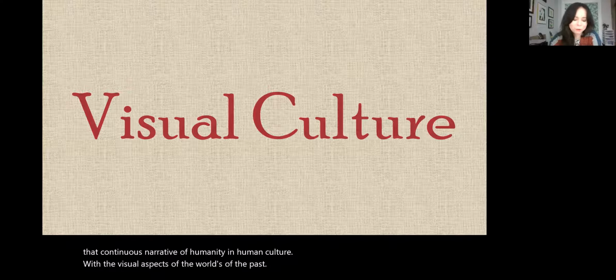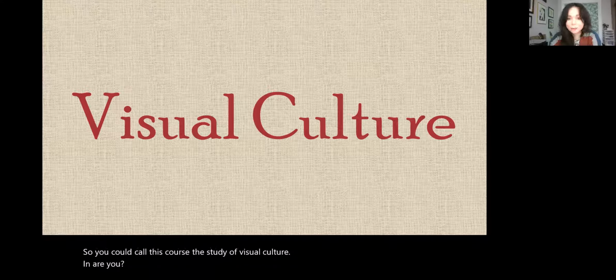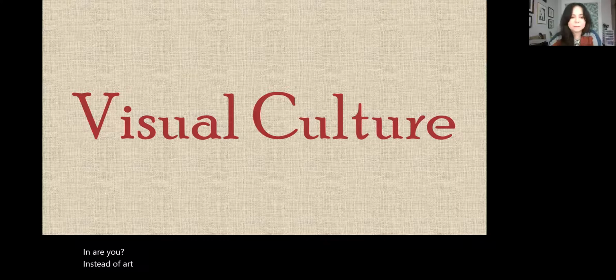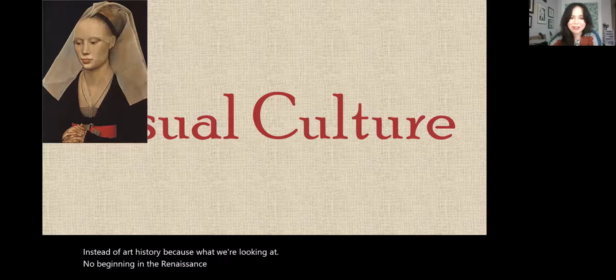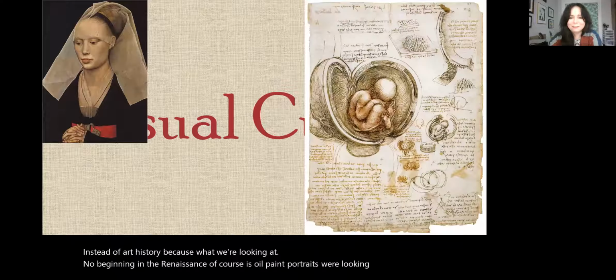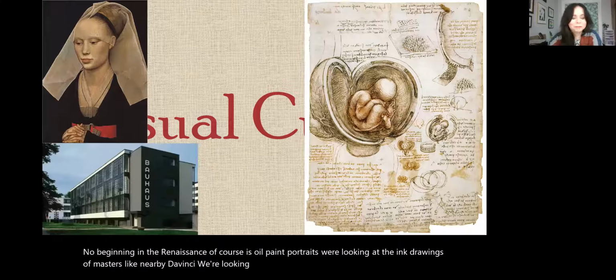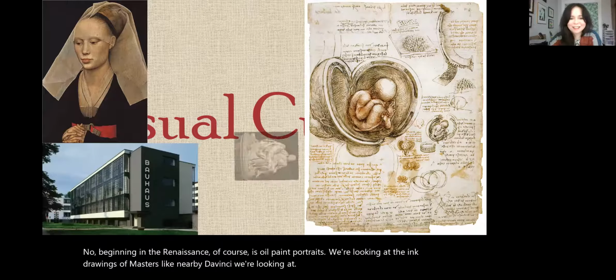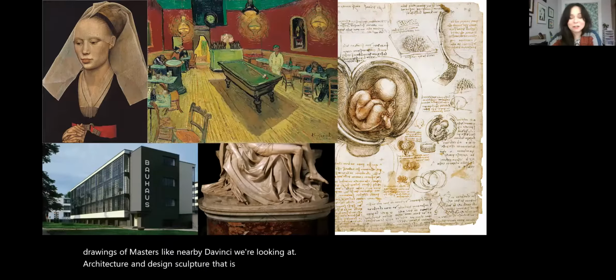So you could call this course the study of visual culture instead of art history, because what we're looking at, beginning in the Renaissance, of course, is oil paint portraits. We're looking at the ink drawings of masters like Leonardo da Vinci. We are looking at architecture and design, sculpture, that is both religious and secular.